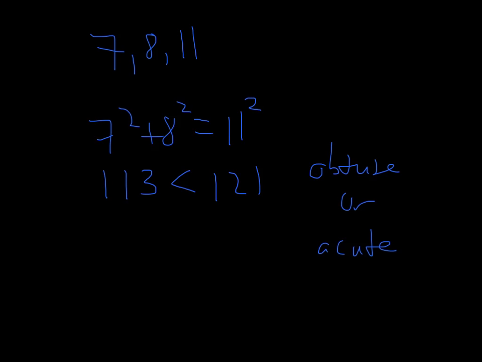Well, let's just think about drawing an obtuse triangle. An obtuse triangle, when you have that angle that's in between 90 and 180, across from it is that very long side.